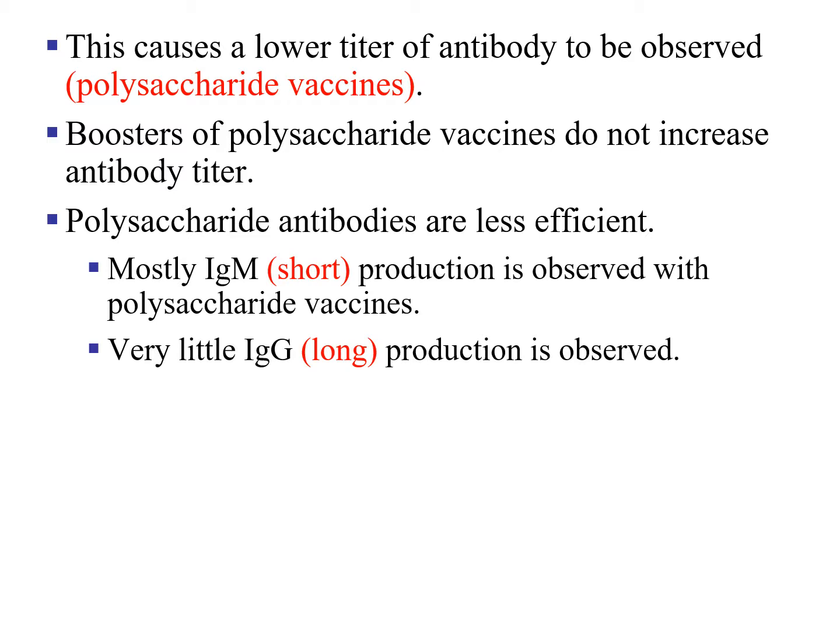And we only have very little immunoglobulin G that will be seen when using these polysaccharide vaccines. And the IgG is the long-term immunoglobulin or antibody.